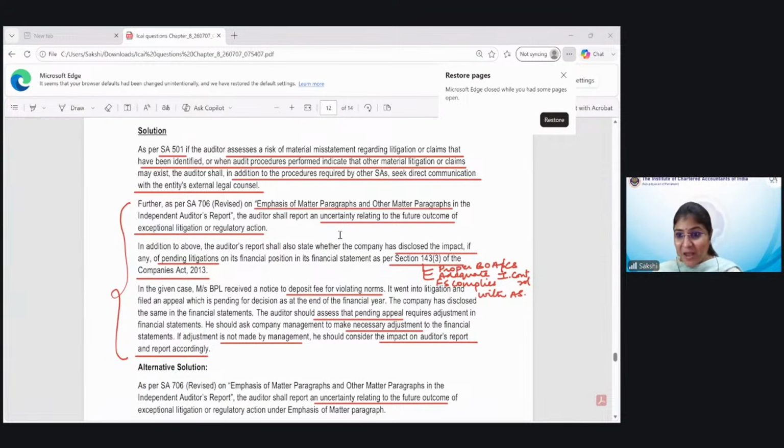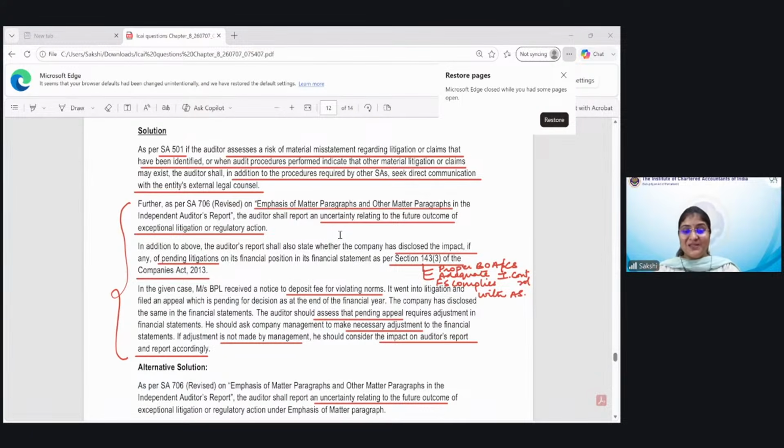Further, as per SA 706, emphasis of matter paragraph and other matter paragraph in the independent auditor's report, the auditor shall report an uncertainty relating to the future outcome of exceptional litigation or regulatory action. In addition to the above, the auditor's report shall also state whether the company has disclosed the impact, if any, of the pending litigation on its financial statements as per section 143(3) of the Companies Act, isn't it?